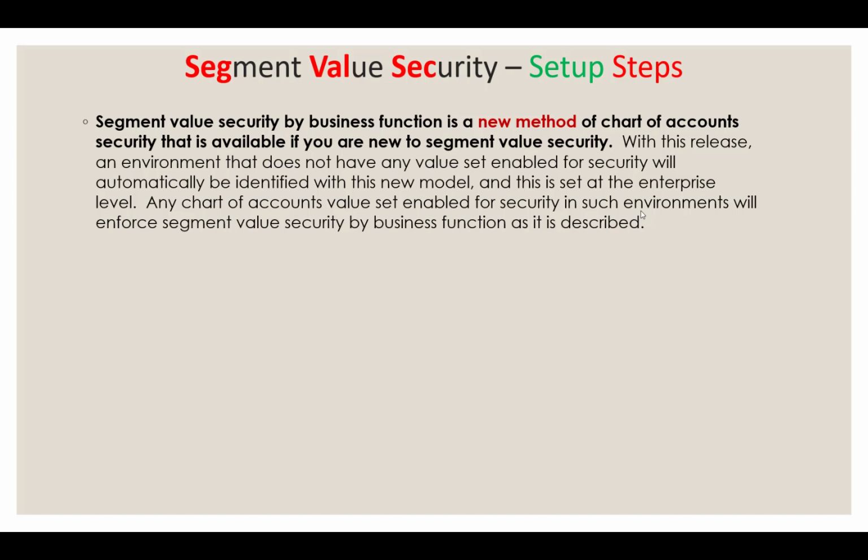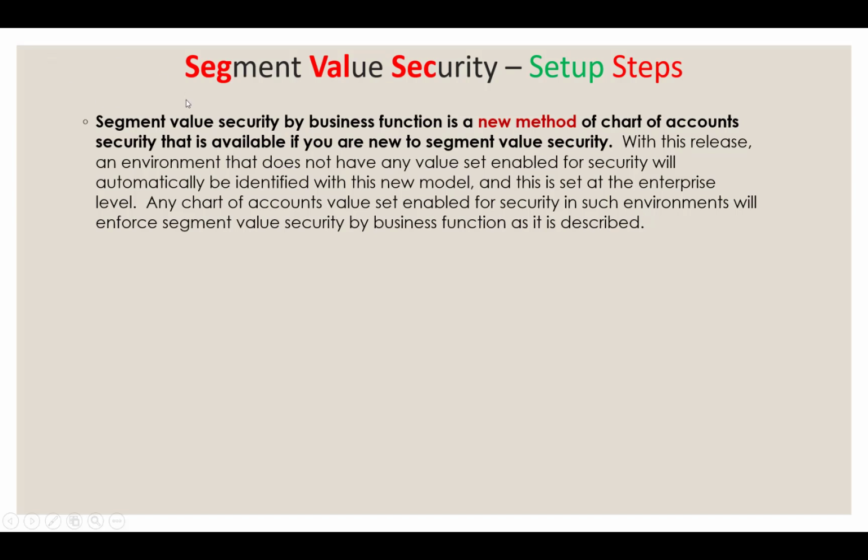A new method means what? Any environment that doesn't have any value set enabled for security will automatically be identified with this new model. If you have an environment, either demo or production, that didn't have any value set enabled for security before, this environment will automatically be identified with this new model.